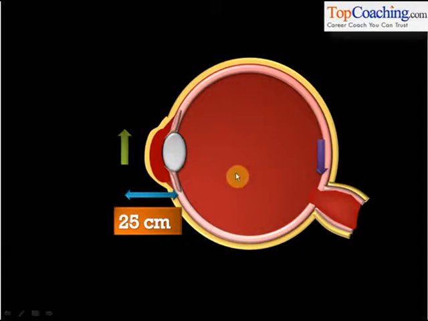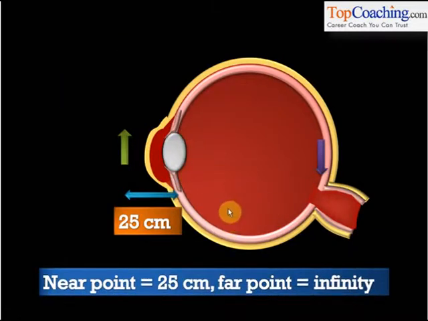So the minimum distance of clear vision is 25 centimeters for a normal eye. You must remember this. This point is called the near point. Understood? So the near point represents the minimum distance at which you can see something clearly. If an object is nearer than 25 centimeters, its clarity decreases.